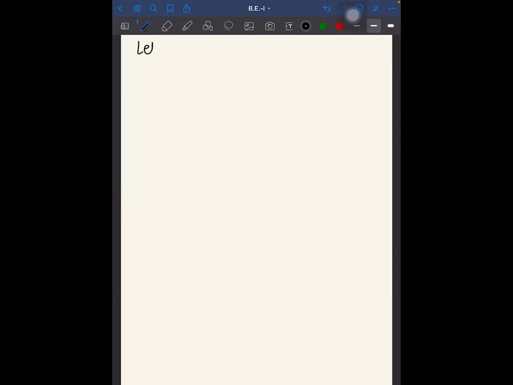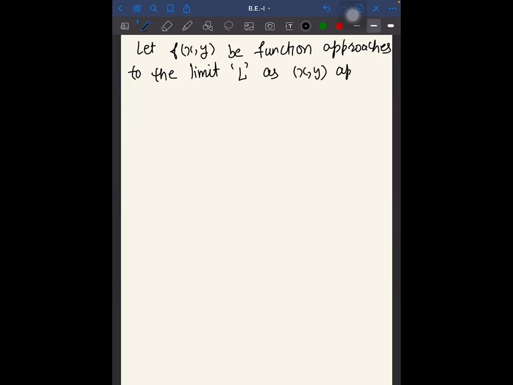Let f of xy be a function that approaches a limit L as xy approaches AB. Okay, something like that.